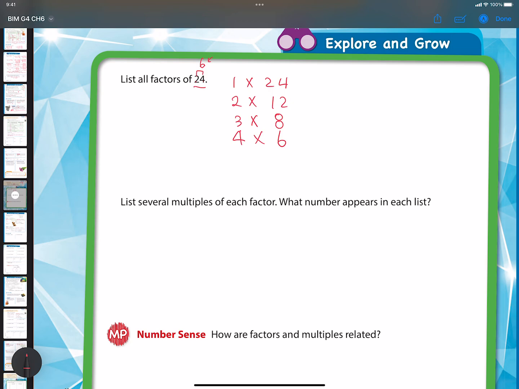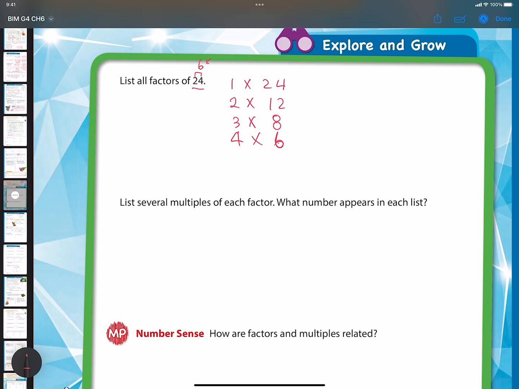And what else? 5 is not possible. 6 is here already. So we just learned yesterday that we don't have to go over this 6, since the numbers are going to be repeating. Okay. So now all the list of factors, let's do it again: 1, 2, 3, 4, 6, 8, 12, and 24.